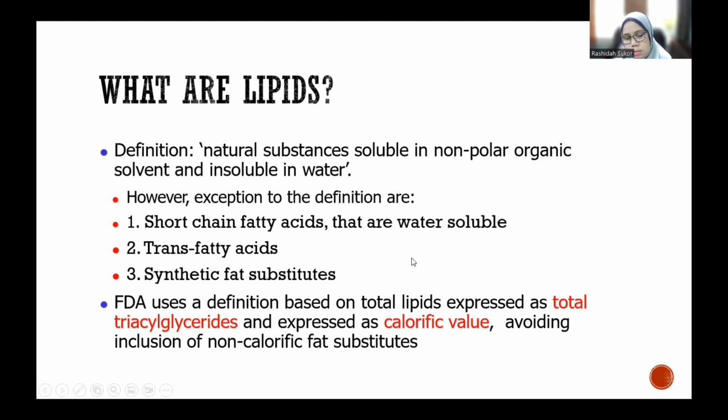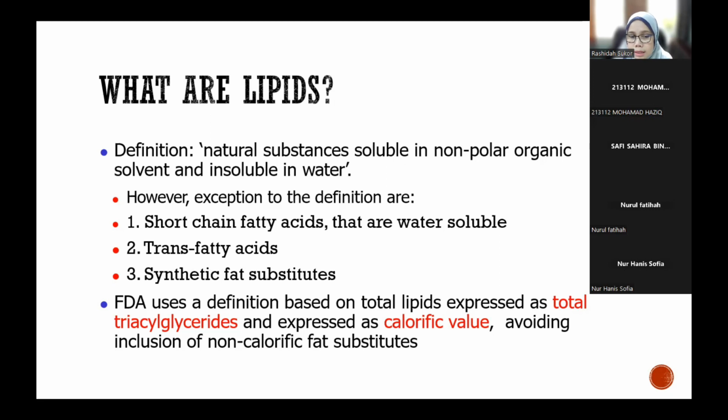Synthetic fat substitute, a lot of companies use it because natural fat is actually quite expensive. If you see fat from cocoa butter, you see that cocoa butter is being used a lot in cosmetics now, right?